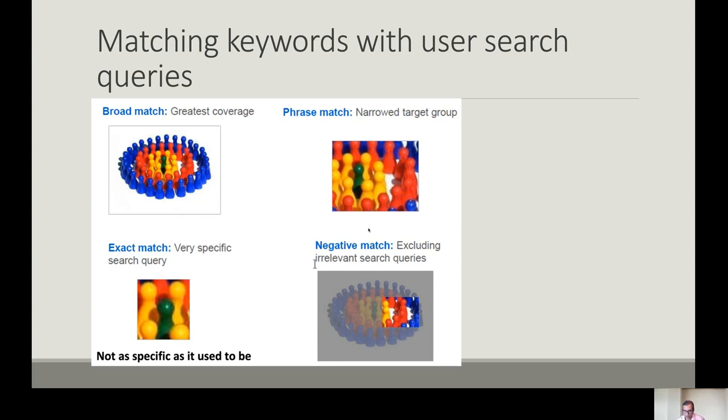Negative match says that whenever the keyword that I'm selecting for a negative match matches up with a search query, please do not show my ad, right? So matching is about showing of the ad. Negative match is about exclusion of certain search queries, because you as an advertiser are not interested in showing your ad whenever those search queries come up, right? So that's the idea of the negative match.